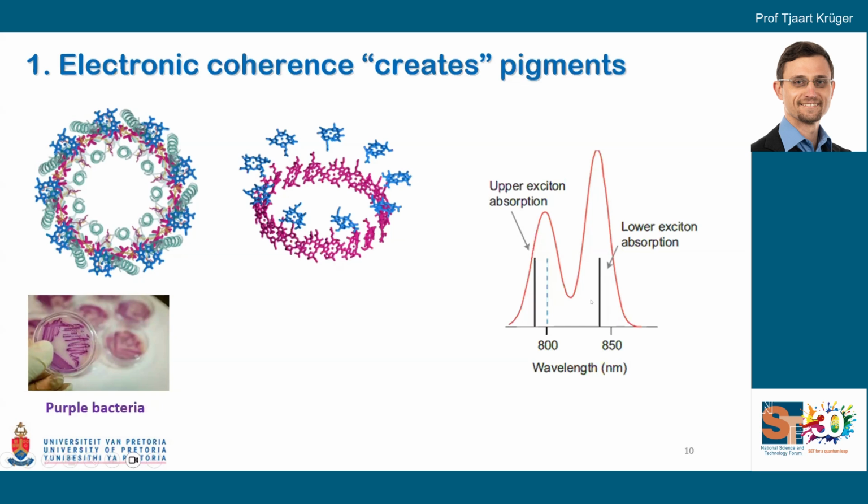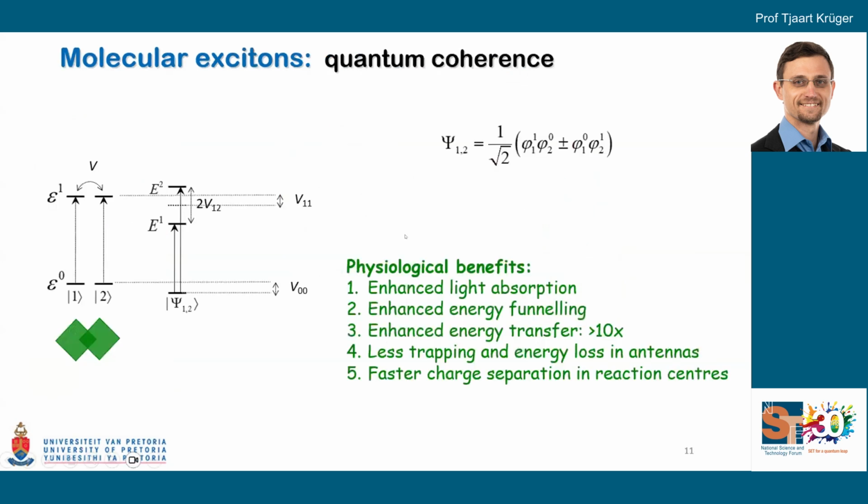The lowest state will absorb energy that is much lower than the highest state. So in this way, many more photons of many different colors can be absorbed just because of this energy splitting that is created by this electronic coherence. So that mainly explains the enhanced light absorption that we get.